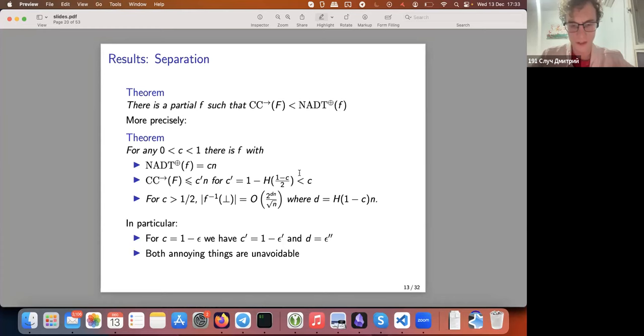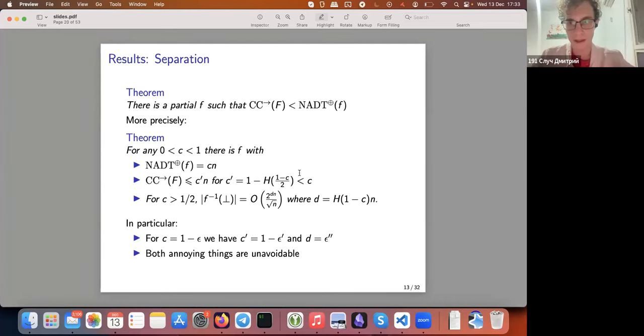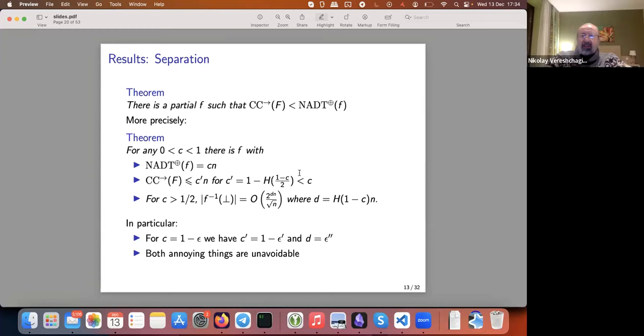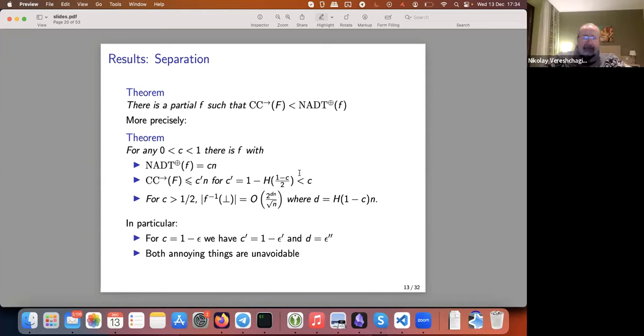What model do you consider for computation of a partial function? Yeah, we can answer arbitrarily. So the decision tree has to compute some extension of that function, and the same with communication complexity.